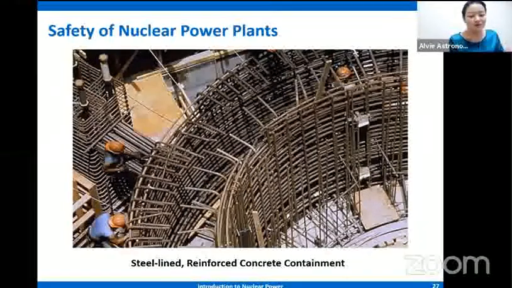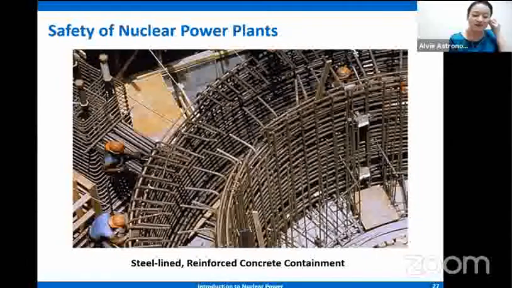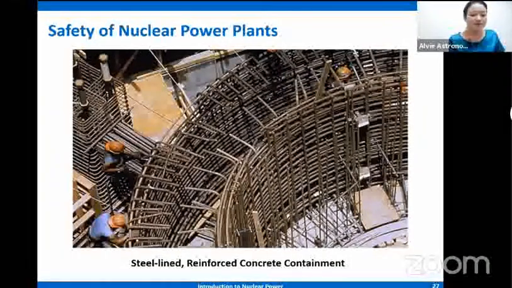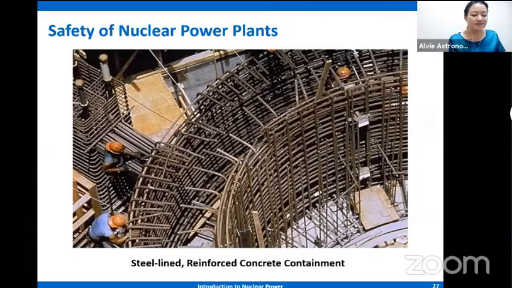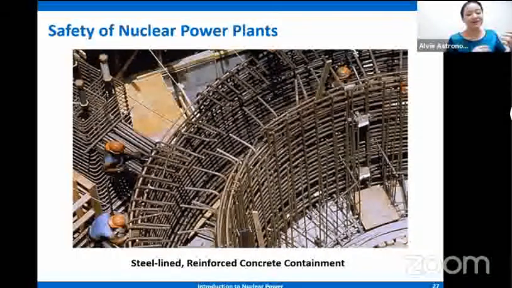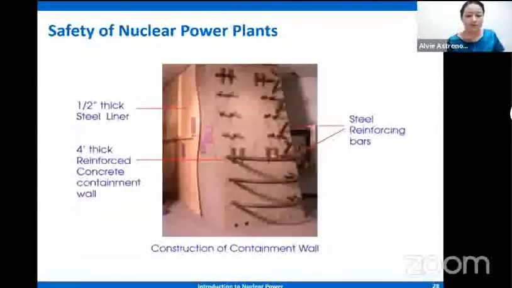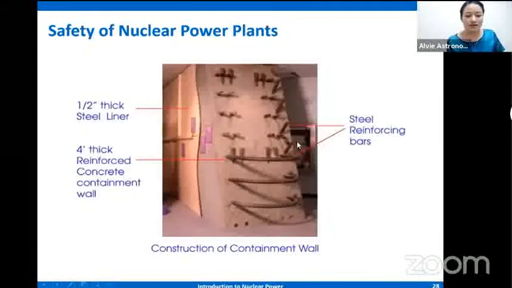You see how thick it is and how much steel is used to reinforce the concrete for the containment. In fact, these containments are designed in a way that even an airplane crash is foreseen as a possible scenario. Again, just to see how thick the containments are.